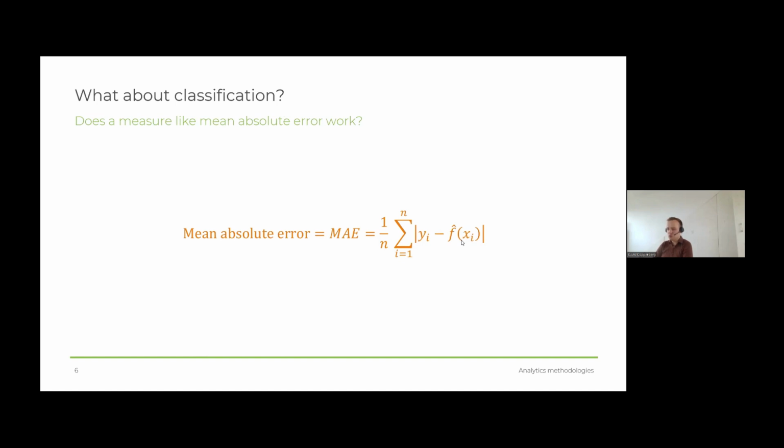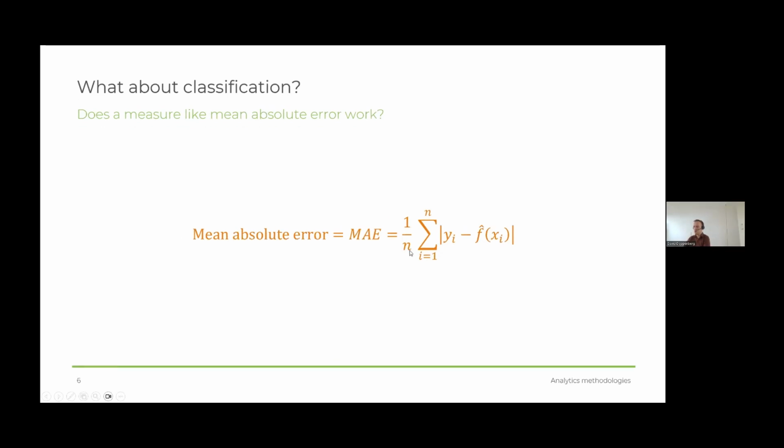However, you could use, in theory, the mean absolute error for classification. But still, if you look at it, it's kind of weird, because if you just predict labels, so y is either 0 or 1, or the function is 0 or 1, so the error can either be 0 or 1. And if you sum that, you're basically just summing the number of mistakes you made and then divided by the number of data points.